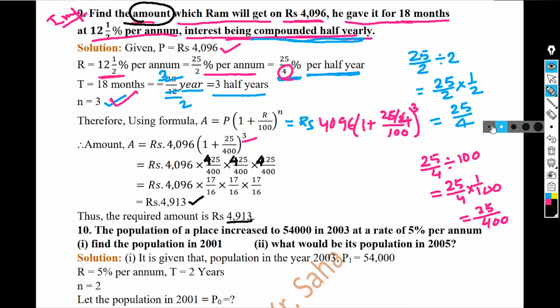Here, find the LCM. How can you find? It is 1 plus 25 by 400, then the LCM is 400, plus 25 is 425 divided by 400, and cancel by 25 and it is 17 by 16.